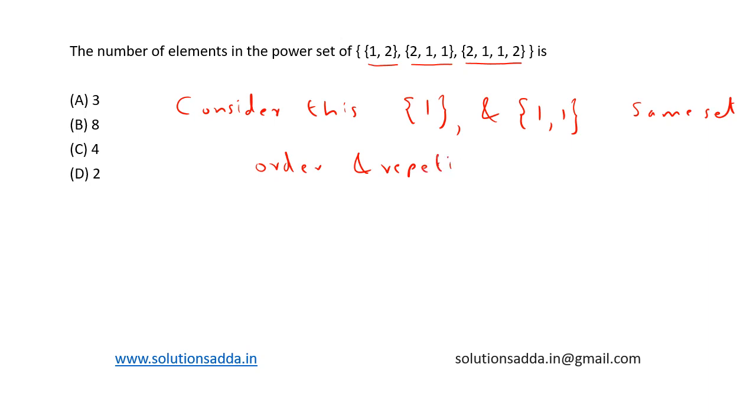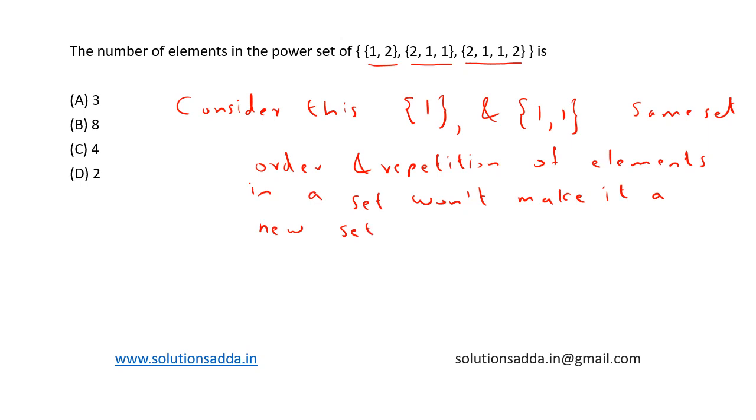That is, order and repetition of elements in a set won't make it a new set. This is an important point to remember. Now we have here {1, 2}, {2, 1, 1}, {2, 1, 1, 2}.